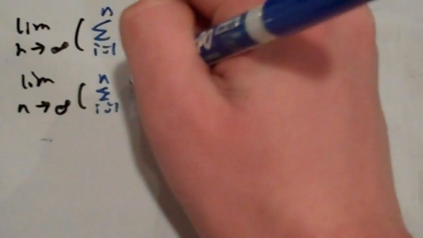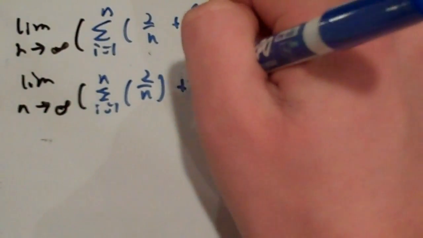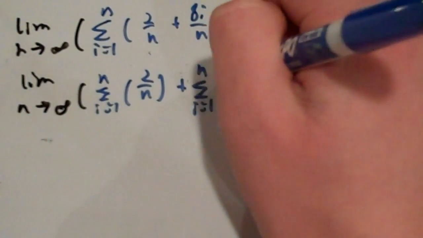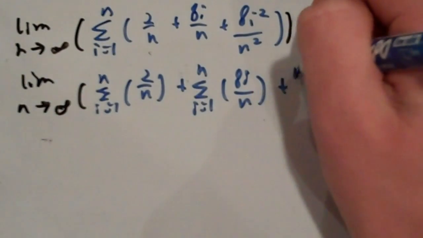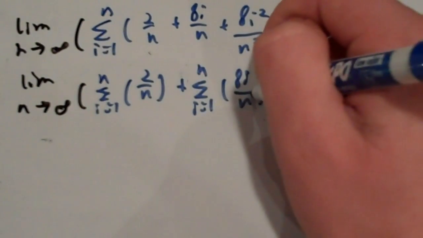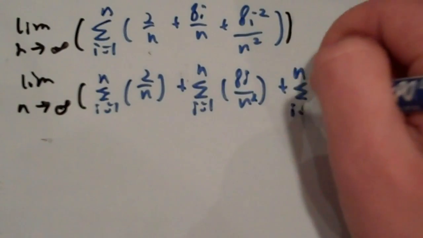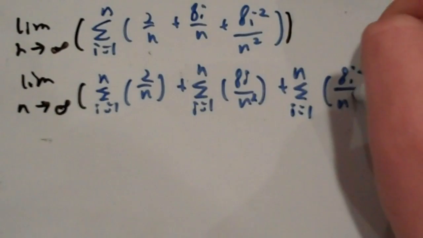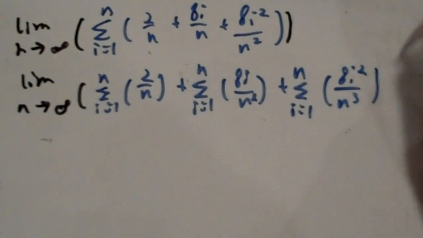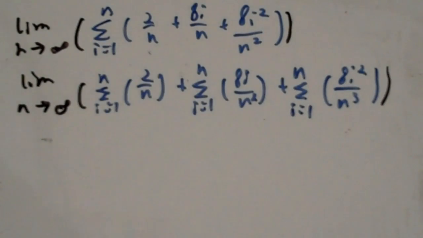So we have our first sum, which is 2 over n, plus our second sum, which is 8i over n squared, plus our third sum, which is 8i squared over n cubed. And we can just split up the sums into those three terms, like that.